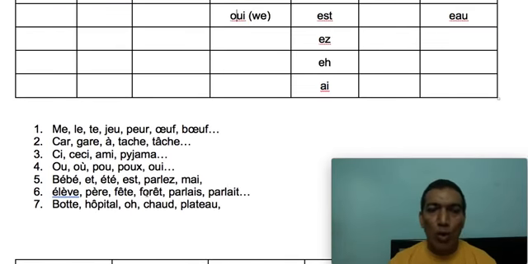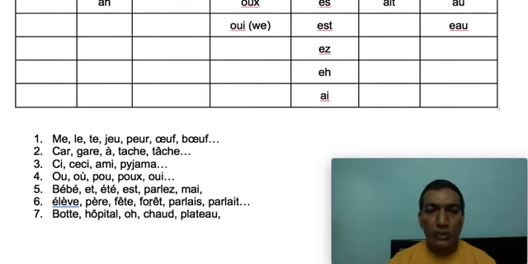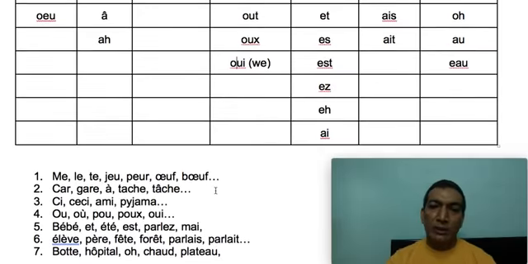The next sound is O. In French, you do not pronounce it like that, but differently. Forêt. Parler, parlait, parlez. They are all pronounced alike, and they are the same verb parler, to talk or to speak.